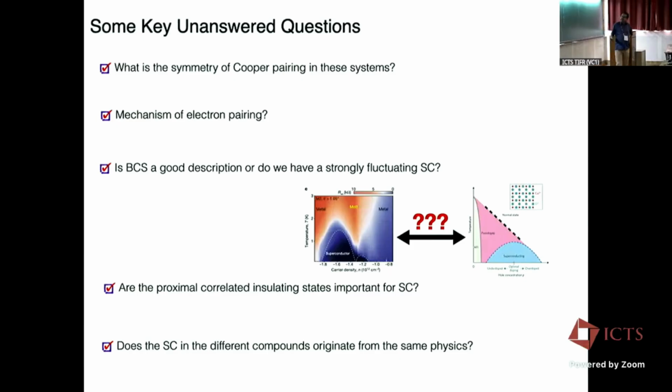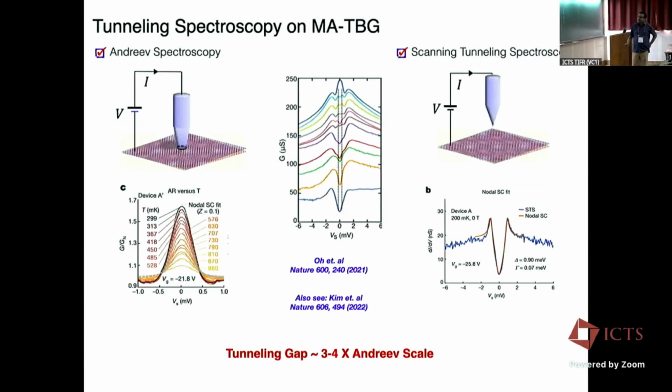The experiment that I want to talk to you about was done in 2021 by Ali Yazdani and his group. There's similar work on twisted tri-layer graphene. This is on twisted bilayer graphene. So what is the experiment? There were two sets of experiments. One is that you bring an STM tip and you look for the tunneling conductance through the tip.